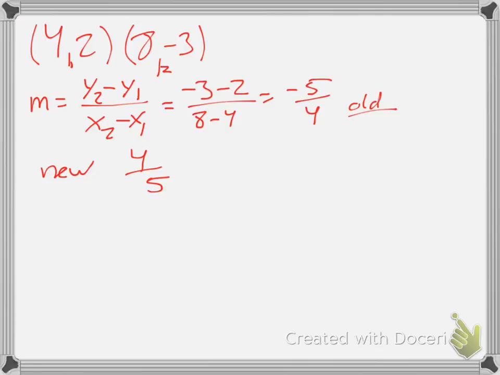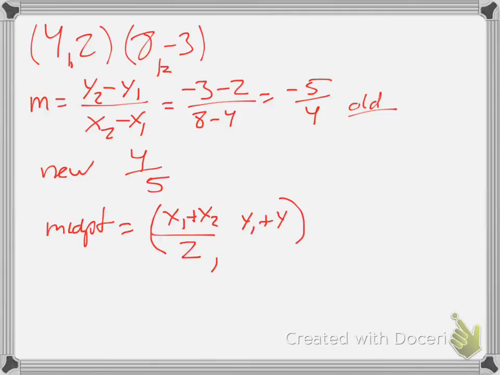Now I need to find the midpoint. What's the midpoint formula? It's like the average, guys: x1 plus x2 all over 2, y1 plus y2 all over 2.